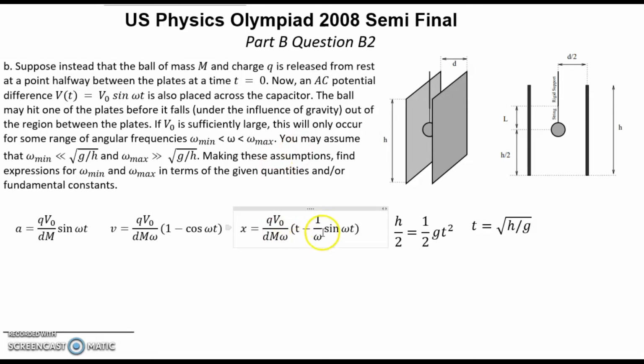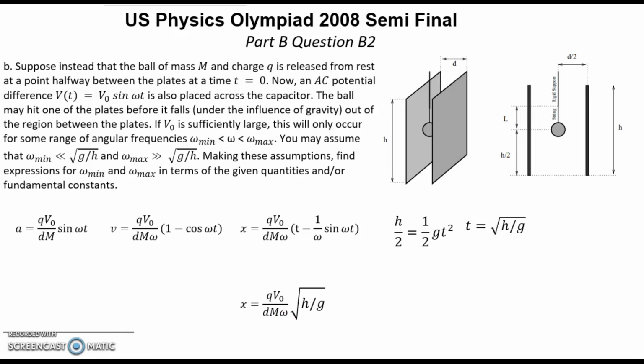It means that in this formula 1 over omega will be much less than the total final time, and we can neglect this member, and leave only time t here and neglect the right expression.